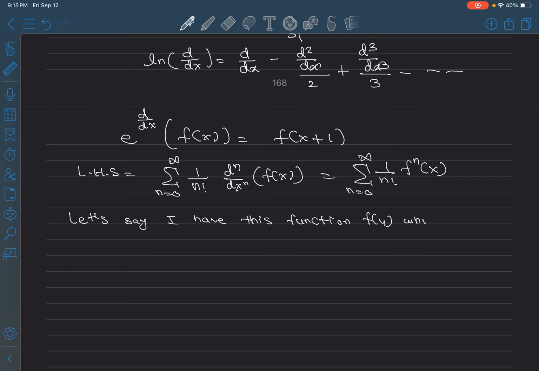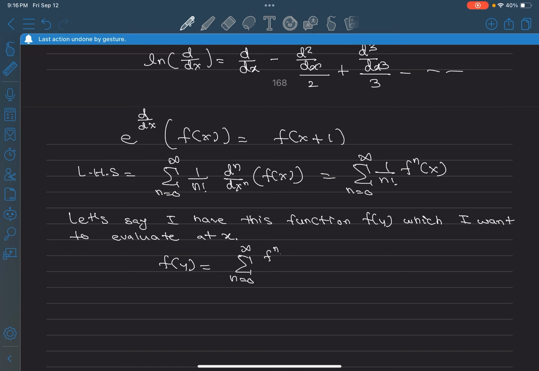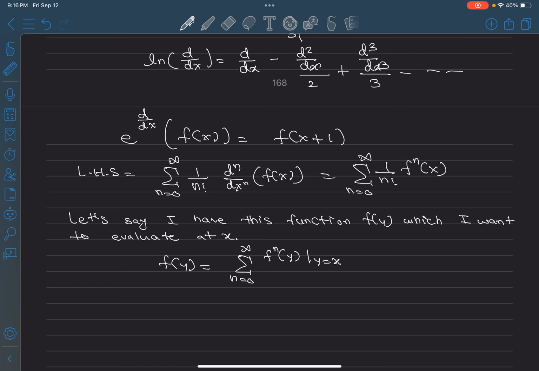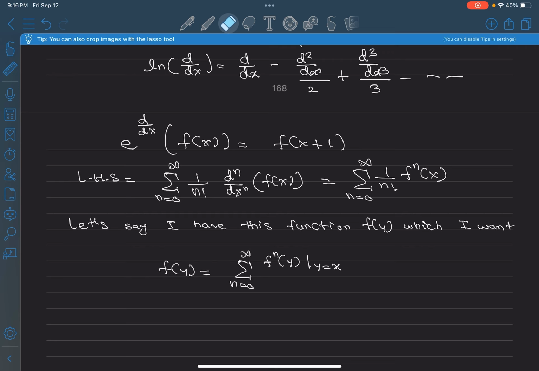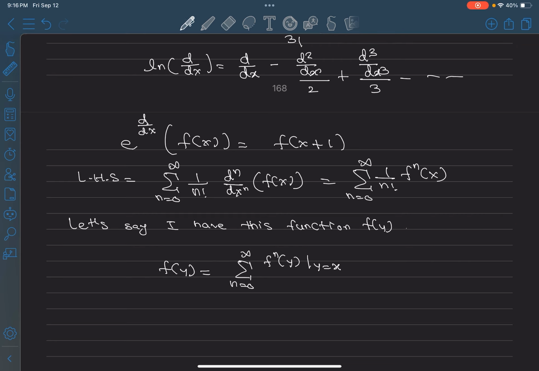Let's say I have this function f of y, whose Taylor series around y equals x I want to find out. Okay, now this is a good phrasing.